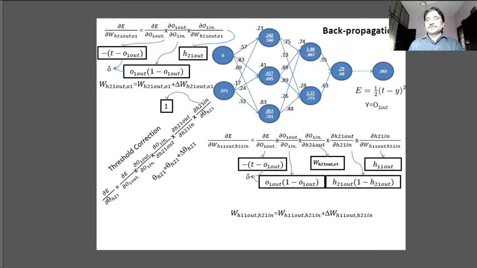In all this process the weights will get corrected, thresholds will get corrected, and the error will go on reducing, and finally it will so happen that the error is very small. And we say in that case the network is trained.